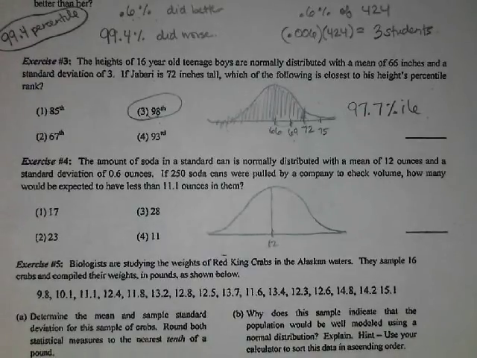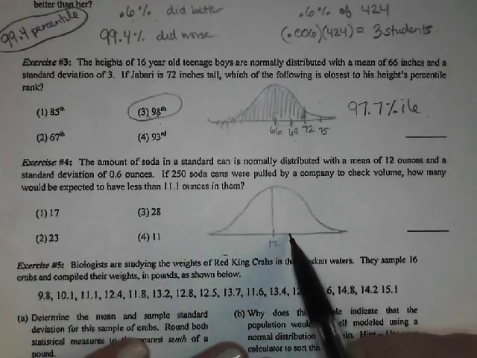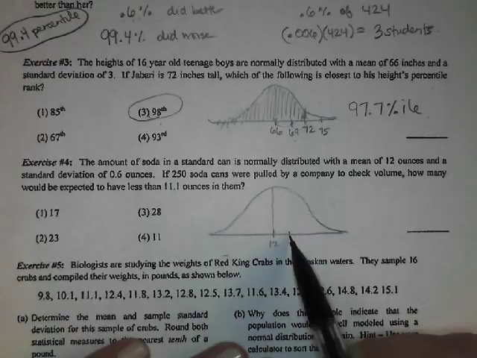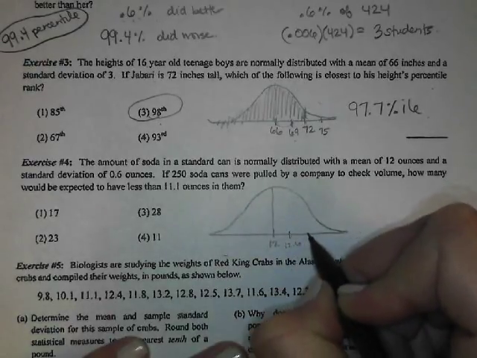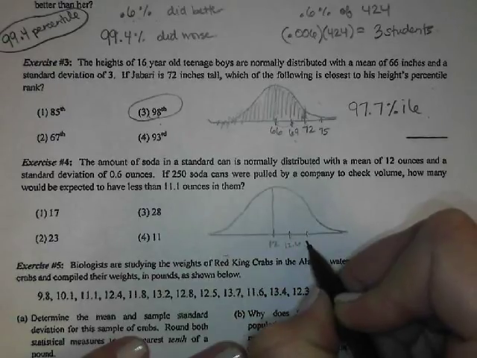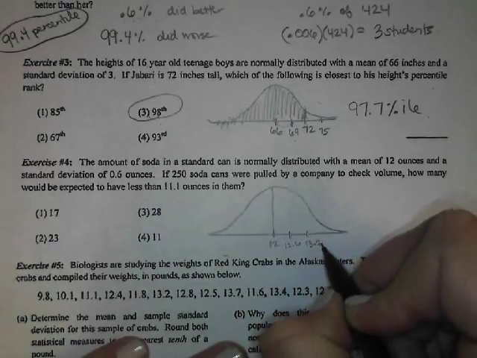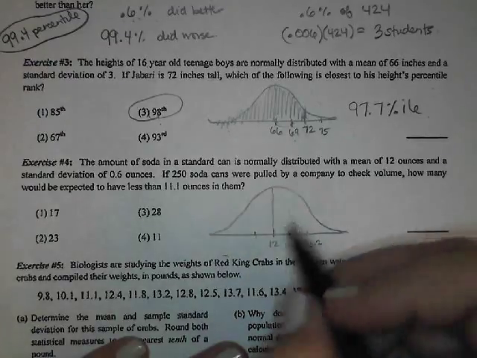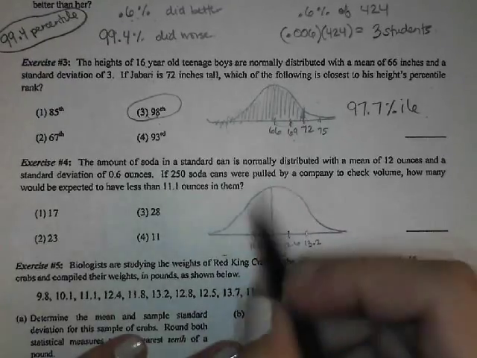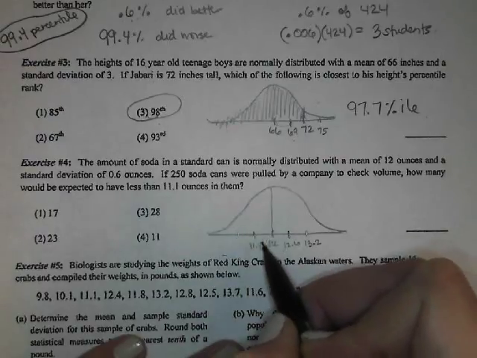What would the numerical number be for 1 standard deviation above 12? 12.6. How about 2? 13.2. Very good, 13.2. Okay, and 1 standard deviation below, if I go 0.6 below, I'm at 11.4. And a second standard deviation below that would be 10.8.